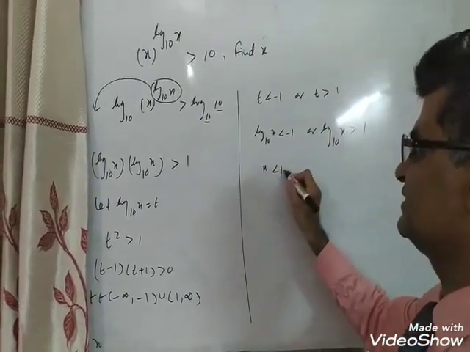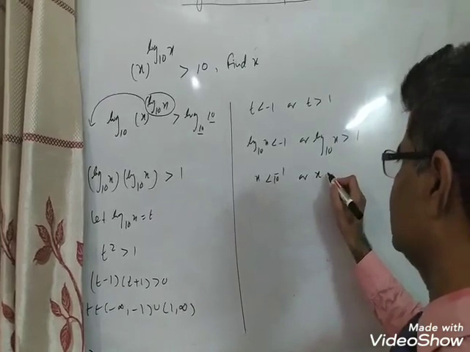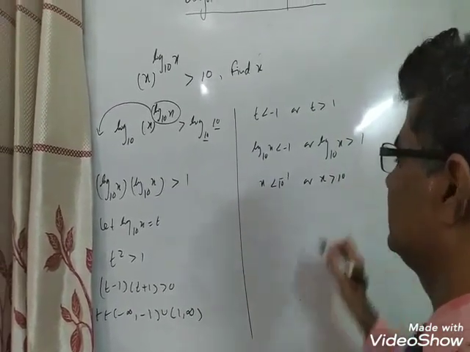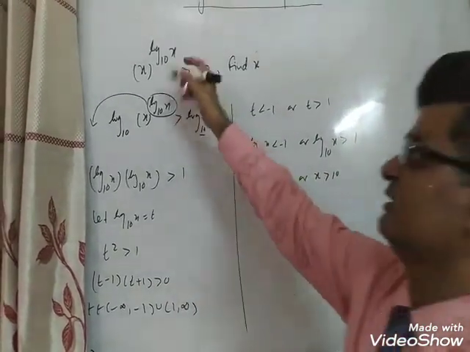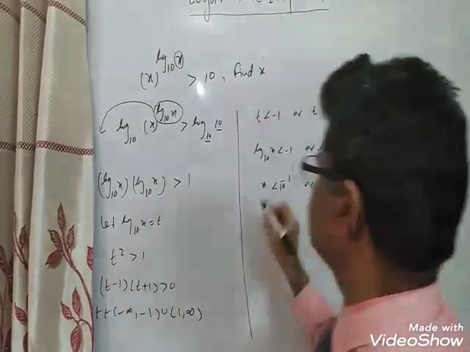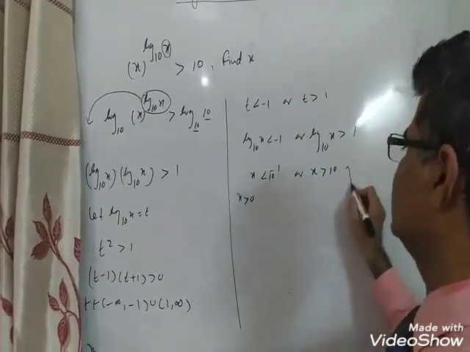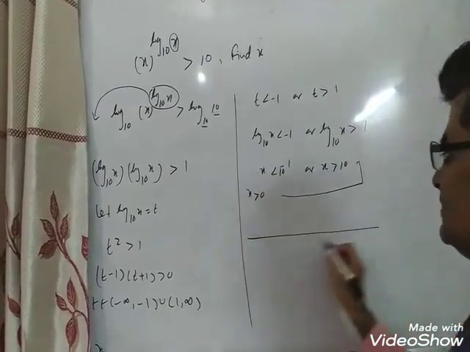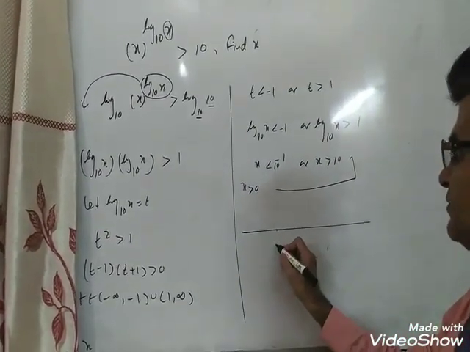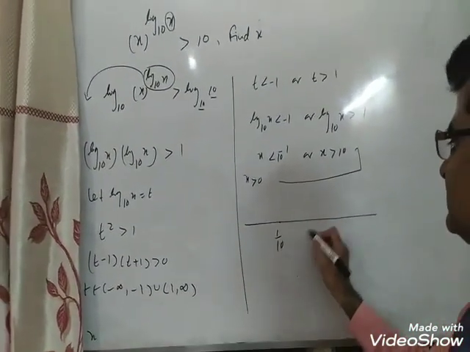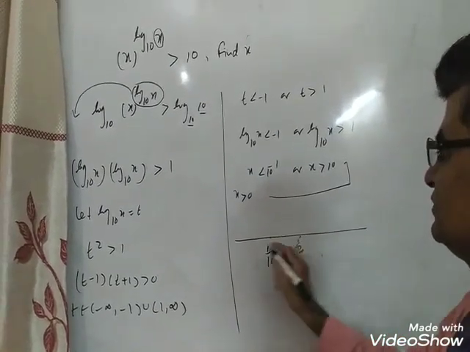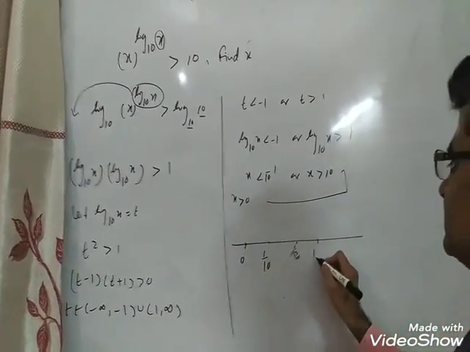So you can see that x is less than 10 to the power minus 1 or x is greater than 10. But you can see that x has to be greater than 0. So we are taking the common solution of it. This is 1 by 10, 0 and 10.